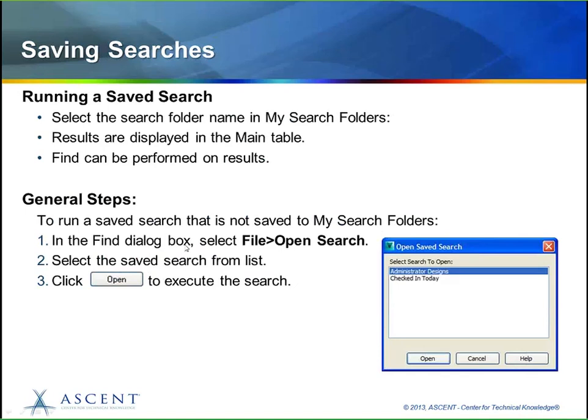To run a saved search that is not saved to My Search folders, you can do it from the Find dialog box by selecting File, Open, and up comes this Open Save Search dialog box that allows you to pick the search name. And you just pick Open to execute.